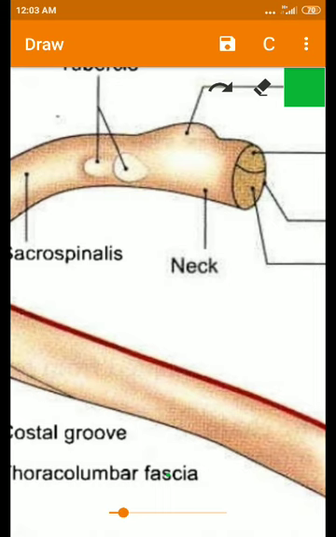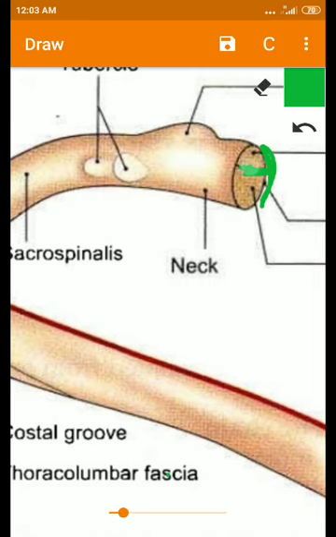Along the anterior border of the head, it gives attachment to the radiate ligament. The crest gives attachment to the intra-articular ligament, which attaches to the intervertebral disc.